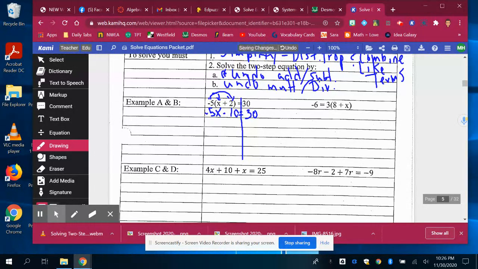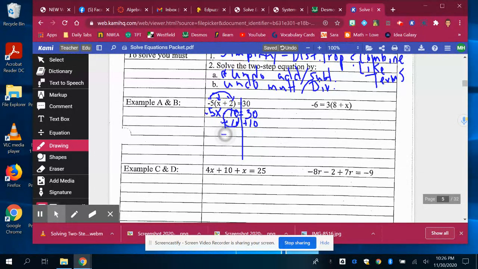So now we can get rid of our subtraction, get rid of our constant term by adding 10 to both sides. Because if you picture it as a -10, and we add 10, those cancel out.